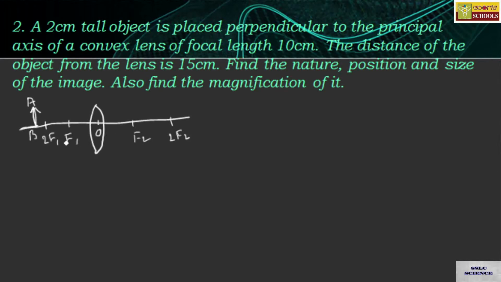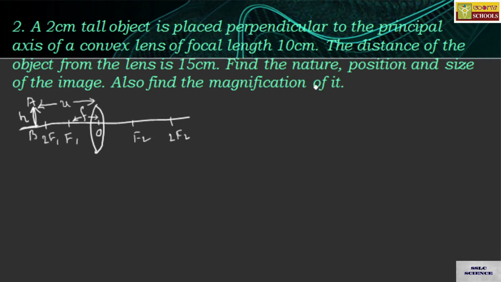The distance between F1 and O will be your F, which is 10 centimeter, and this is the height of the needle, taken as H. The distance of the object from the lens is 15 centimeter. The object distance from the optic center to this point is 15 centimeter. Take it as U.